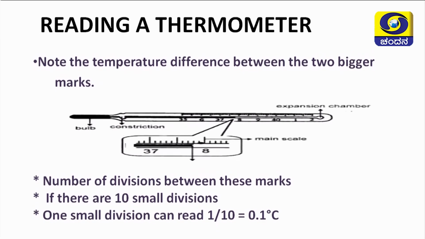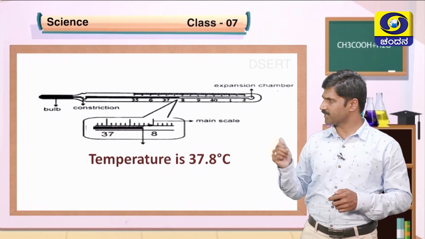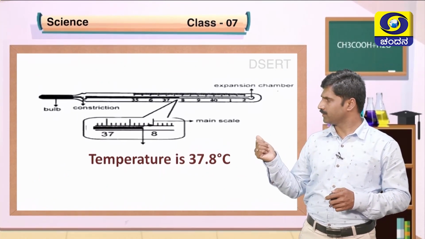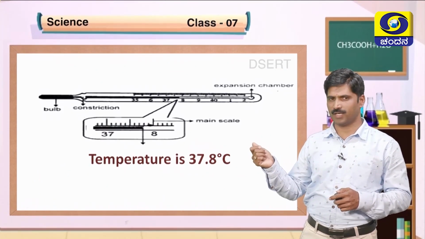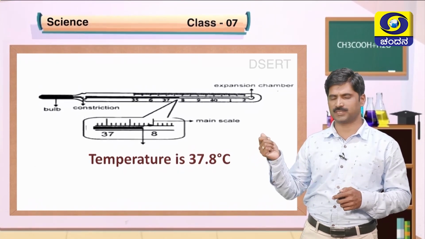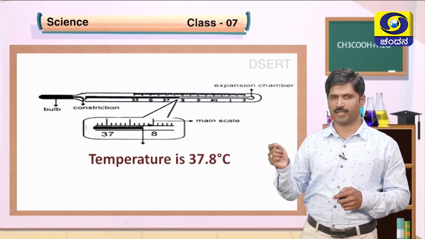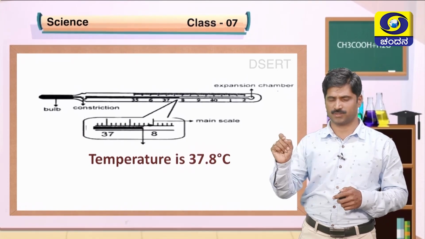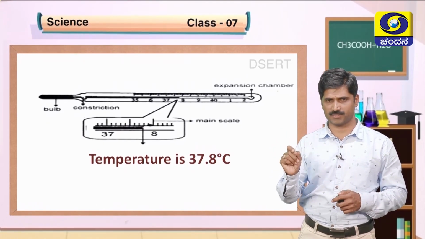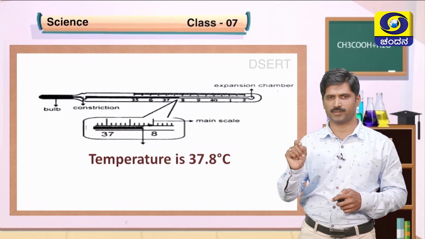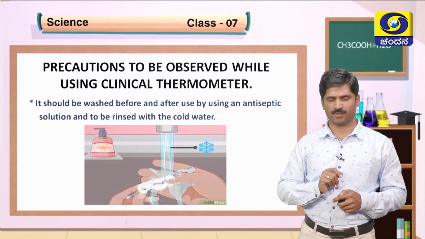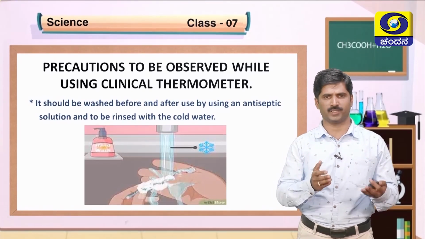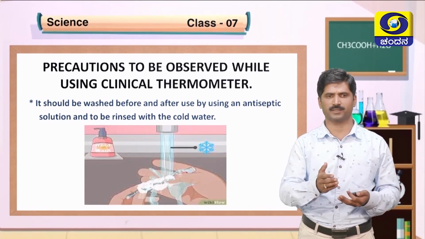If it has 5 small divisions, then one small division can read 0.2 degree Celsius. In this picture, you can see the mercury level has crossed 37 degrees Celsius and 8 small divisions. So, the temperature is 37.8 degrees Celsius.